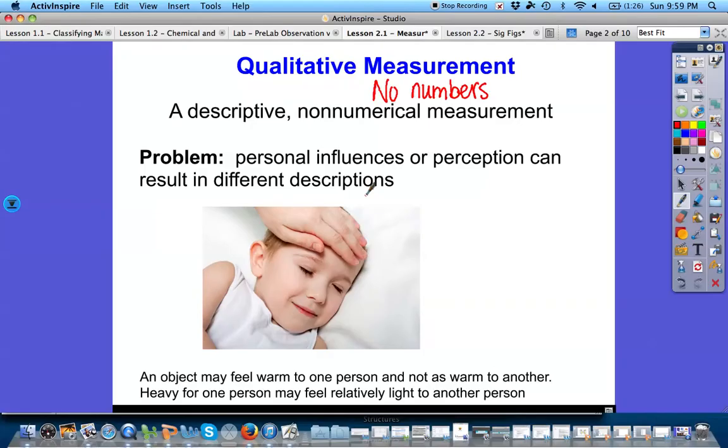Or you could have two different people feel your forehead. One person just came from the gym and doesn't think you're hot at all, and someone else came from a really cold classroom and could think that you were burning up. Same goes for an object that is heavy for one person may feel relatively light to another person.